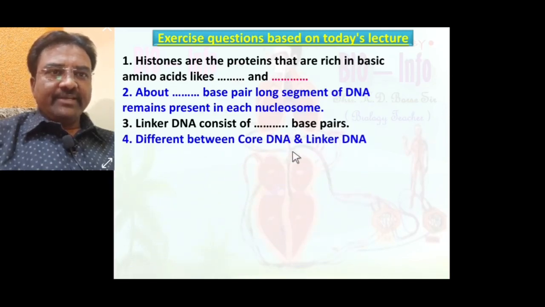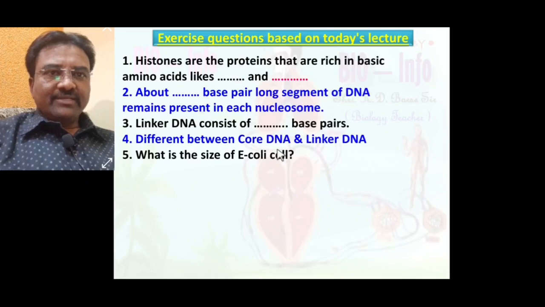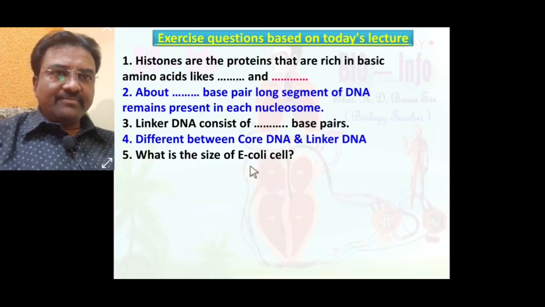Difference between core DNA and linker DNA: core DNA is present in the structure of a single nucleosome and linker DNA is present in between two nucleosomes. What is the size of an E. coli cell? 2 to 3 micron.